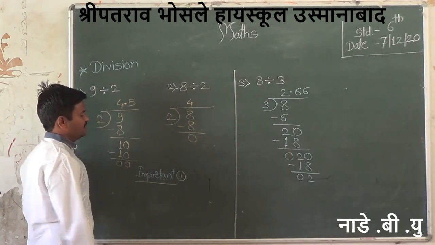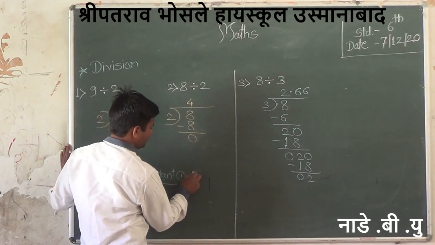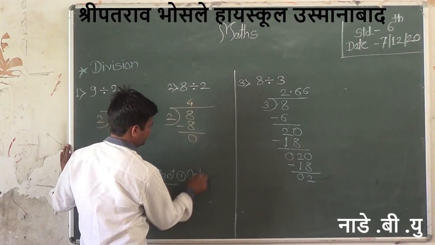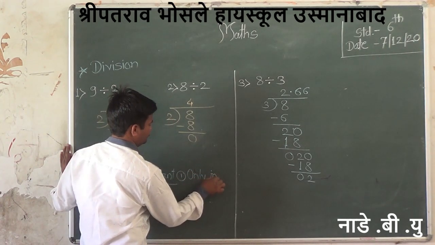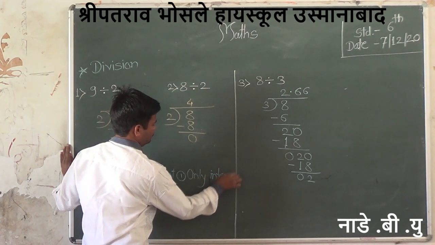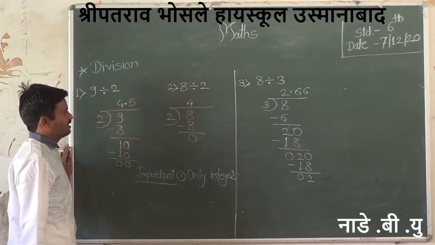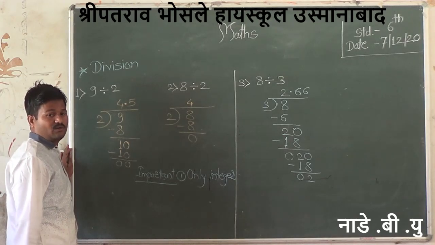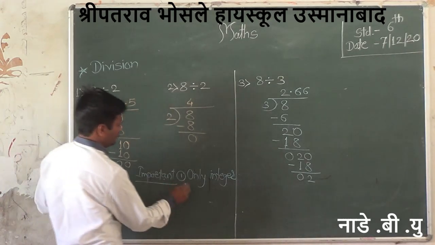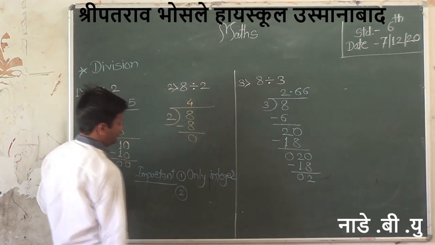Our quotient is only an integer. Only integer. And the second thing our concentration is on is the remainder.